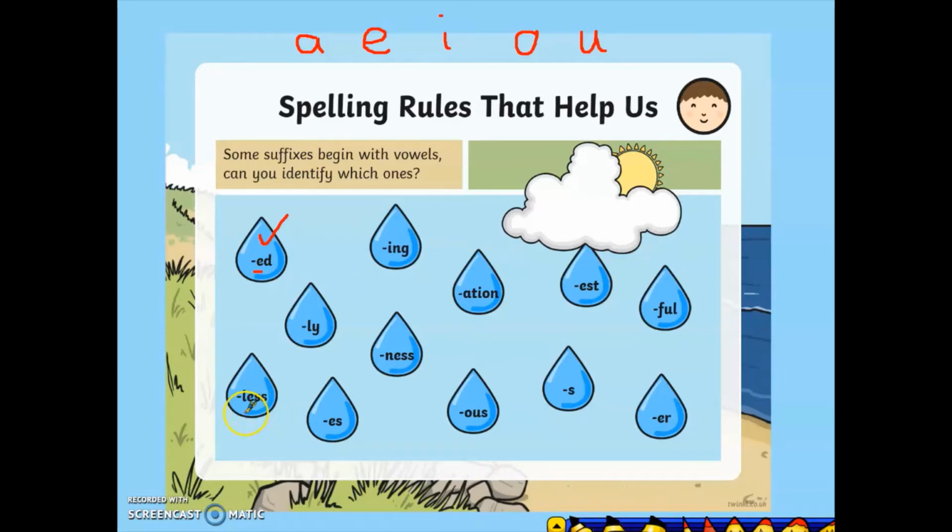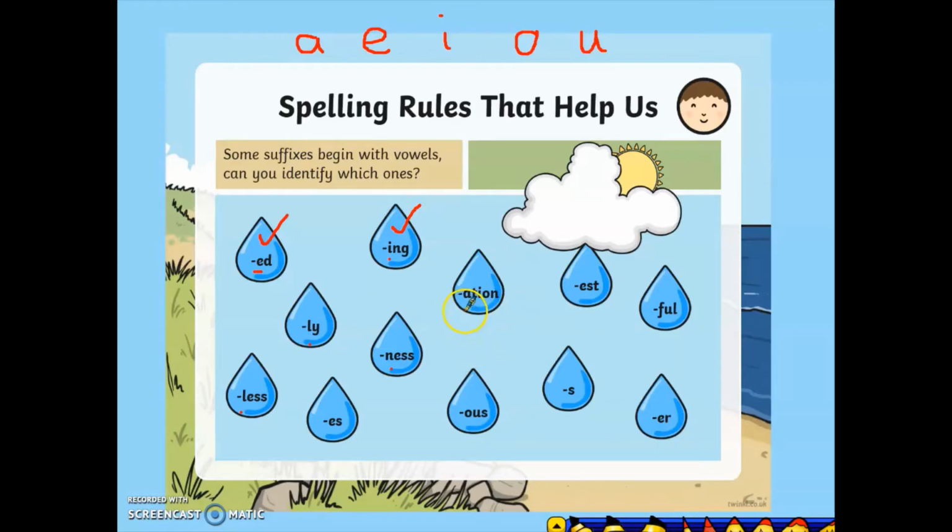What about less? That begins with an L, so that one doesn't begin with a vowel. This one, again, L. We know L's a consonant, so it can't be that one. Ing begins with an I. A, E, I, O, U. I is, of course, one of our vowels. Ness begins with an N. Nope, that one's not beginning with a vowel.